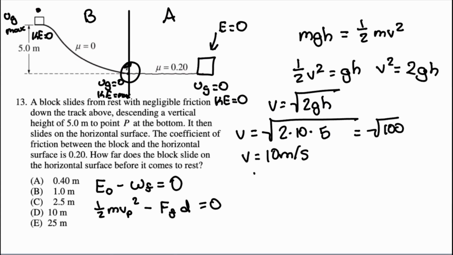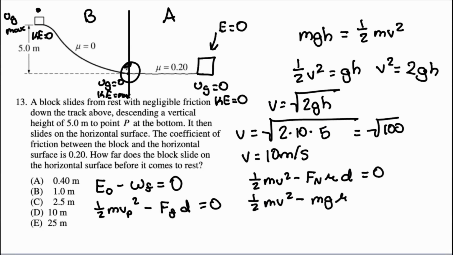So we can actually simplify this further. 1/2 mv squared minus Fn mu, because that's what friction is, times the distance is equal to 0. And then even further breaking that down, we know that Fn in this case is equal to Fg. So mg mu d is equal to 0.